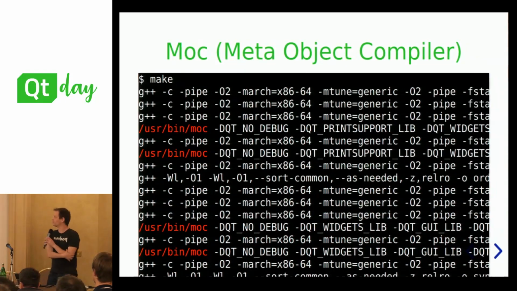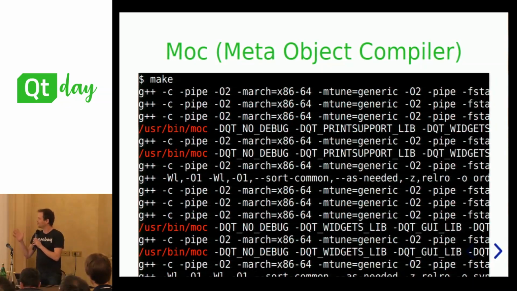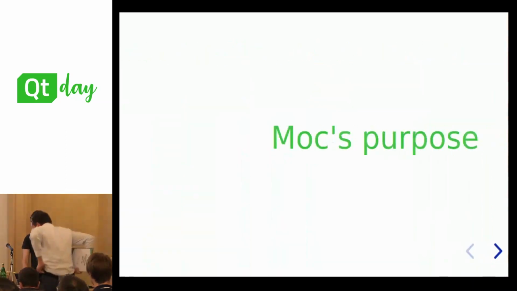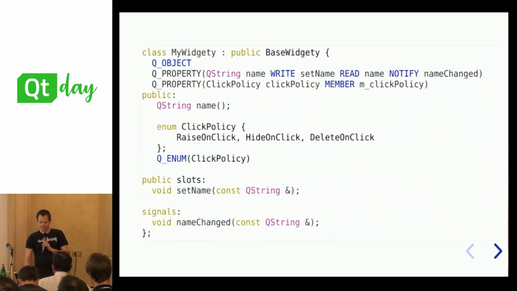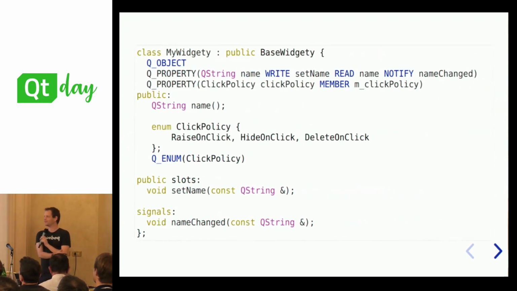So let's talk about moc. When you compile your application and you look at the output, sometimes you see moc is run, but what does moc do? So here is a typical Qt class. You inherit from some class which itself inherits from QObject.